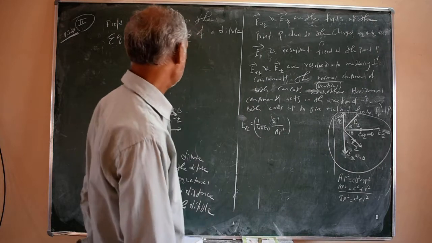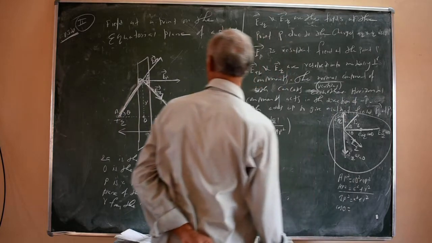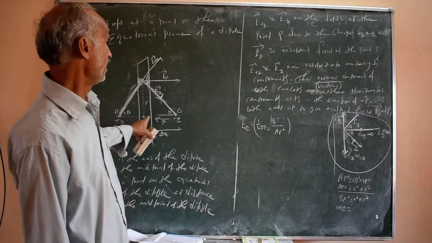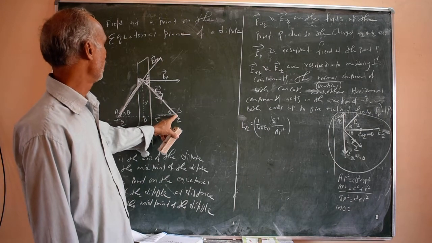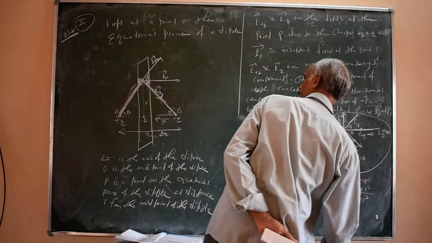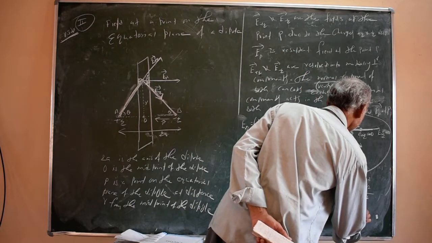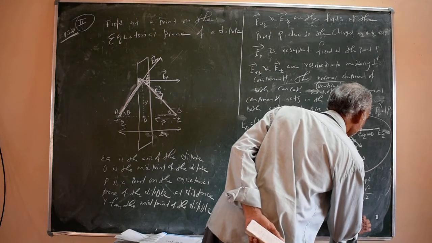Now cos theta is equal to adjacent upon hypotenuse. Adjacent is OA, and hypotenuse is AP. So cos theta is OA upon AP, adjacent upon hypotenuse.